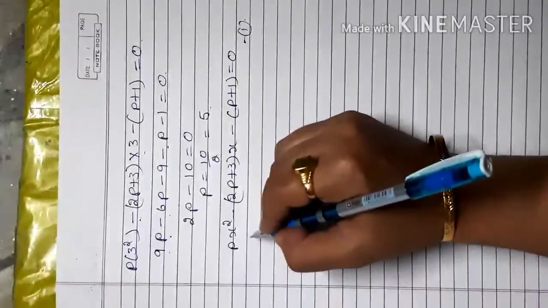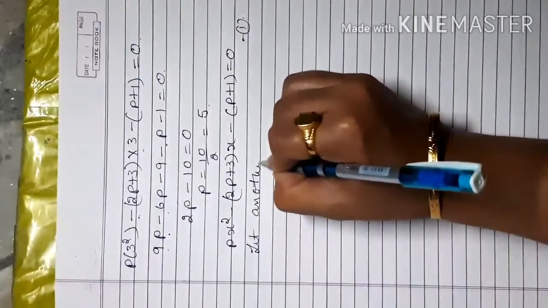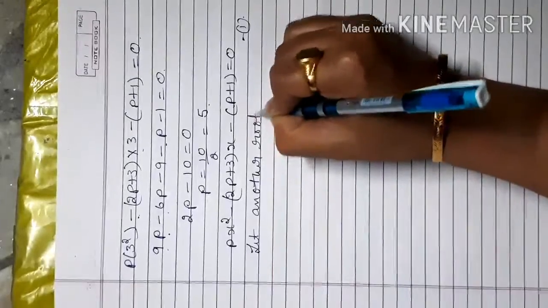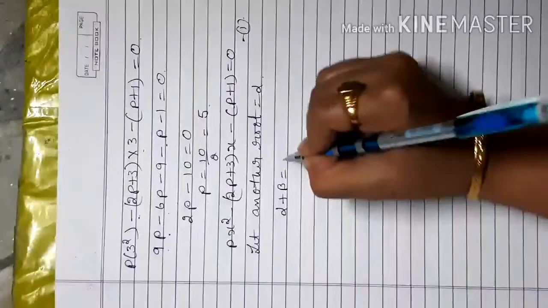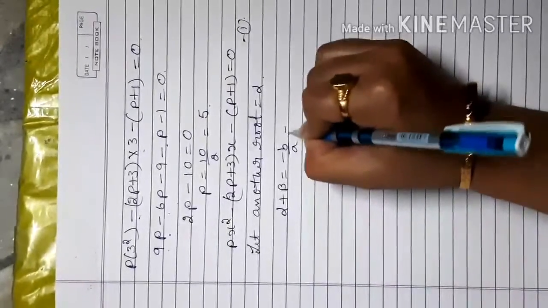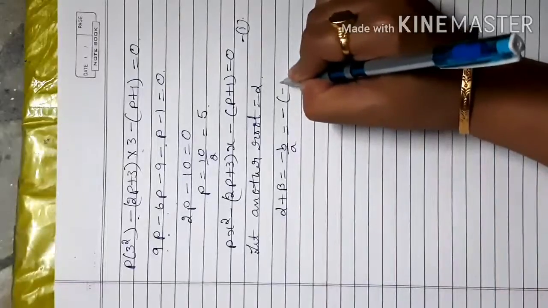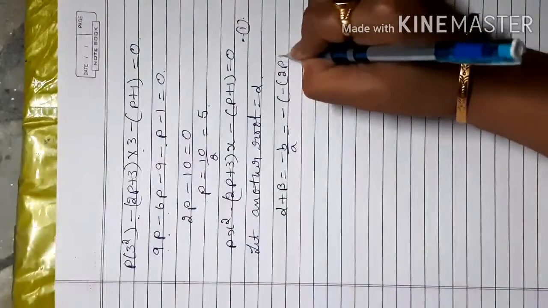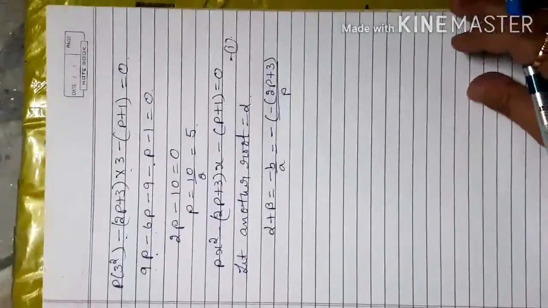So let the other root be alpha, then the sum of roots, alpha plus 3, is minus b upon a. So in place of b there is minus (2p plus 3), and in place of a there is p.